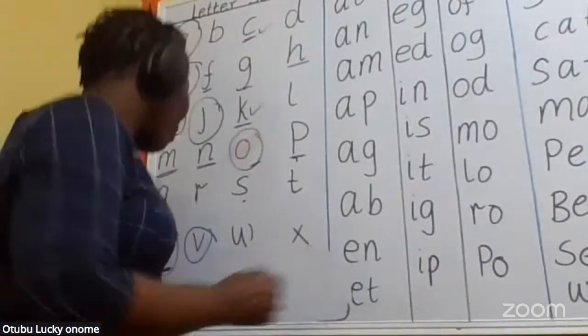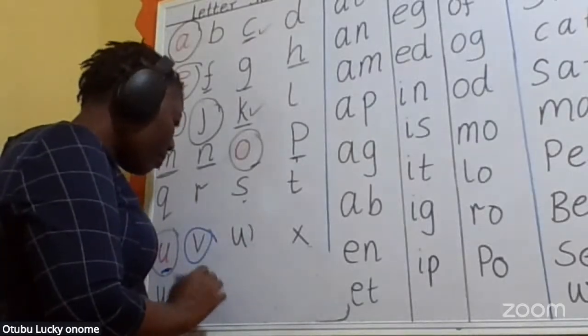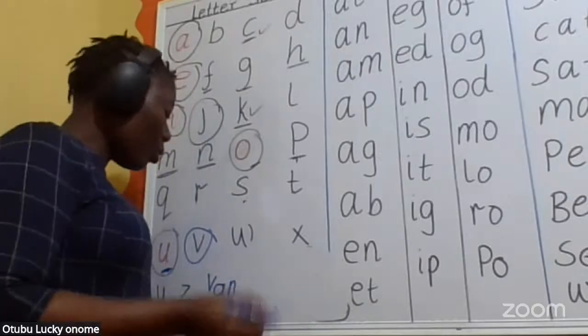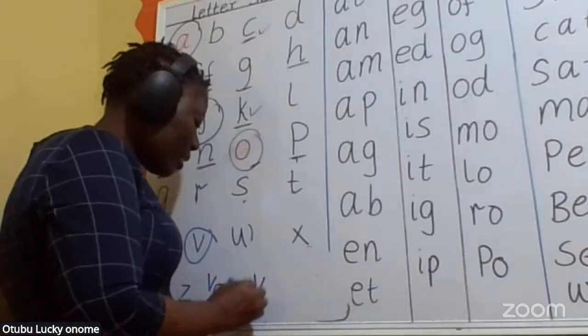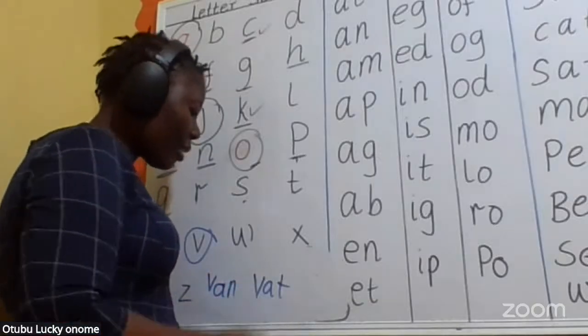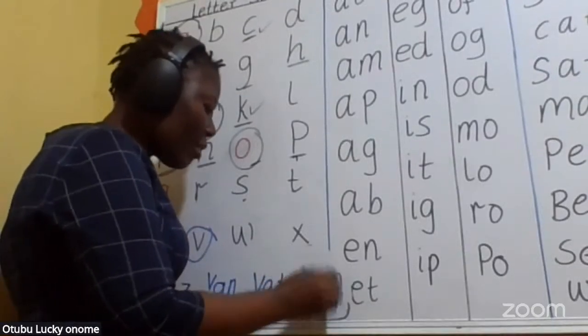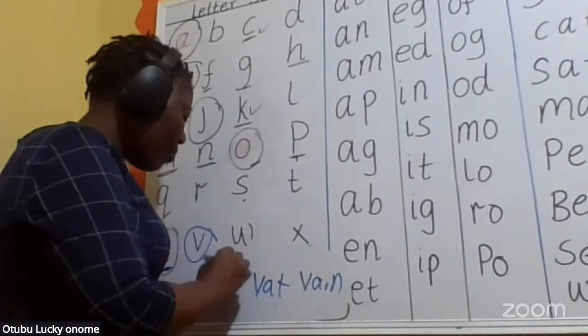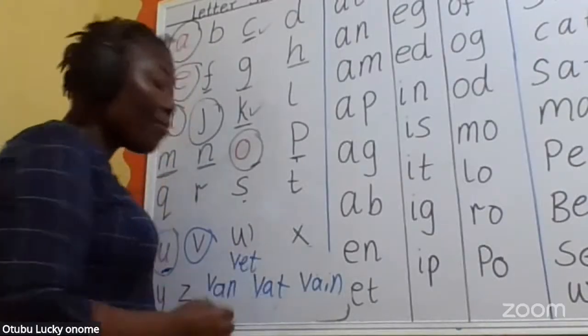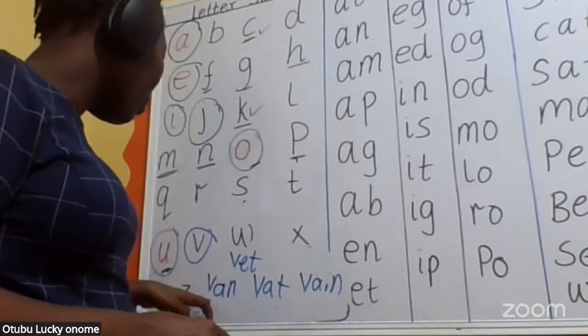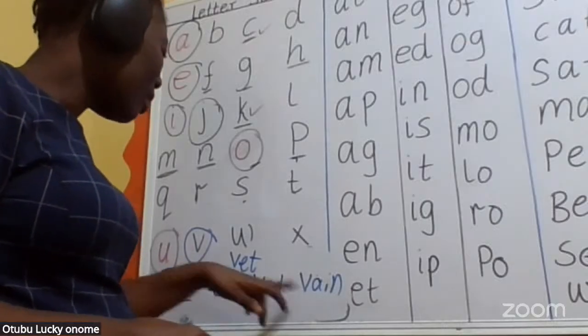We have it in words like van, vat, vet, and vein.